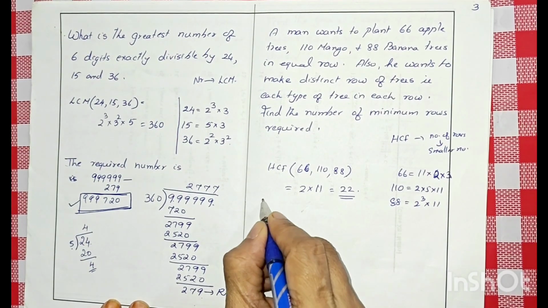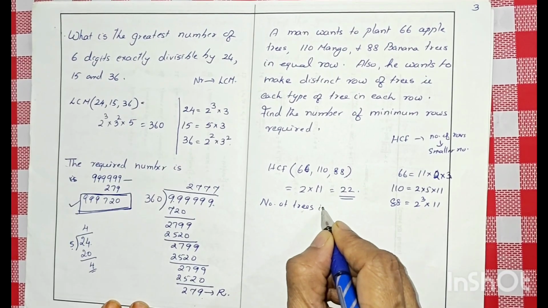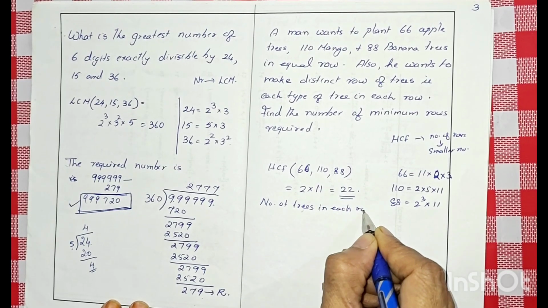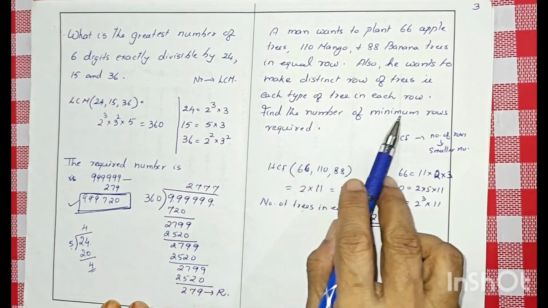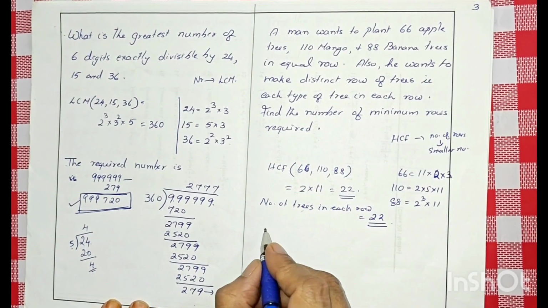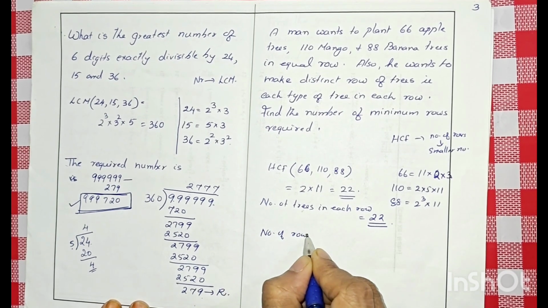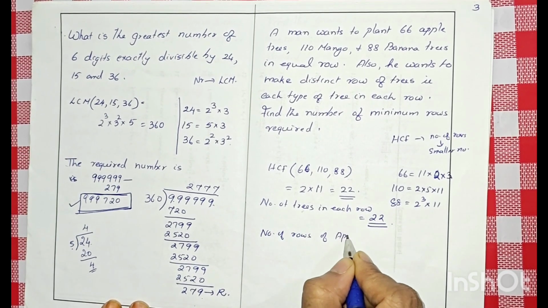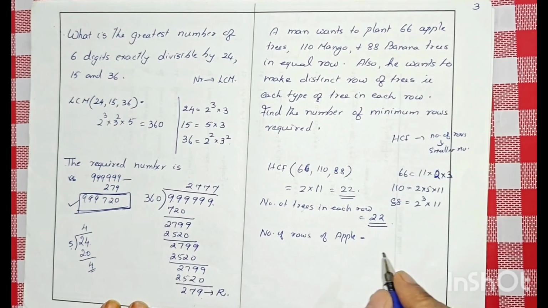So number of trees in each row will be 22. Now you have to find the number of minimum rows. So number of rows of apple trees equal to what? Number of apple trees are 66.